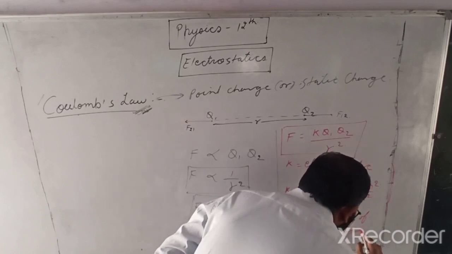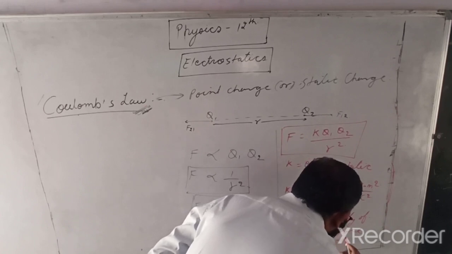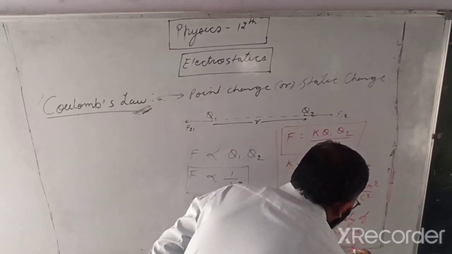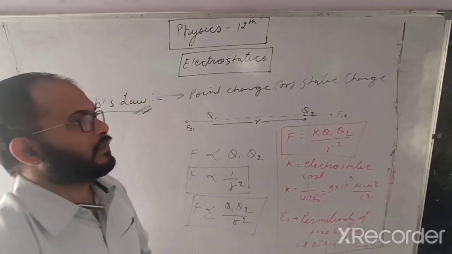Free space means air, and it has a value of 8.85 into 10 to the power minus 12 Coulomb square per Newton meter square.